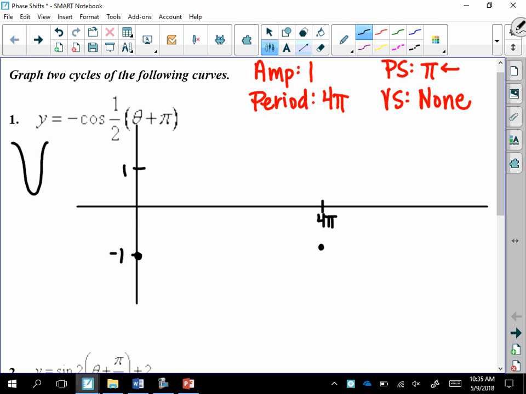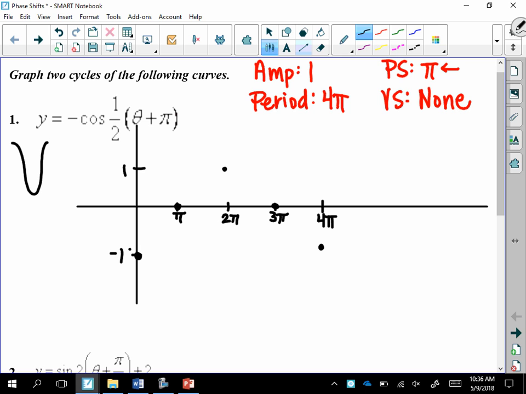That's one cycle. So halfway between 0 and 4 pi would be 2 pi. Where do you think it's going to be? It would be a positive one, right? Because of the reflection over the x-axis. And then halfway between 0 and 2 pi is pi. Where's that graph going to be? At 0, and then the same thing here at 3 pi.